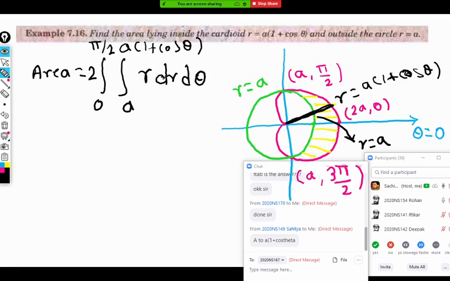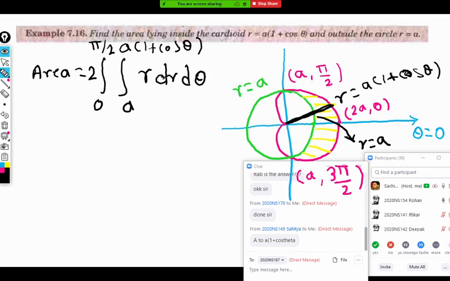Okay, clear? Sir, instead of twicing the integration, can we also take pi only, 180 degrees? No, because if you take 0 to pi, you will not get that area. You will get a totally wrong answer, because only up to here these limits will exist.